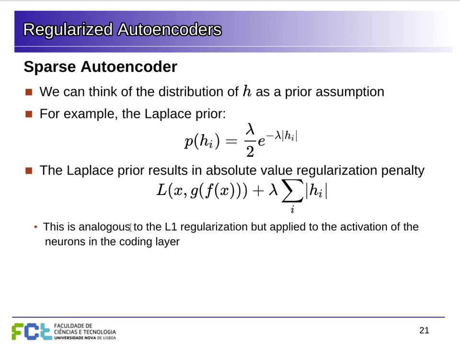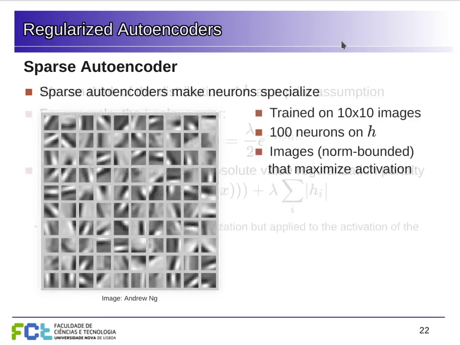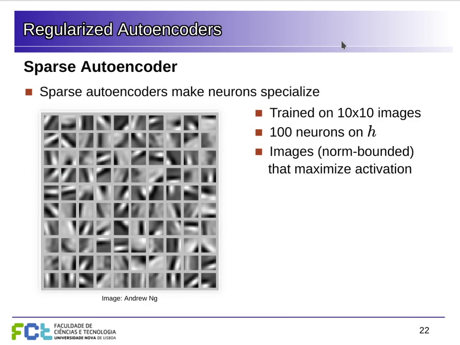This is analogous to what we saw as the L1 regularization, but note that we are not applying this to the weights as we did in that kind of regularization. We are applying this to the activation of the neurons in the hidden layer. So basically what we're doing is forcing that hidden representation, the encoding, to use few neurons at a time, which leads neurons to specialize into particular tasks.